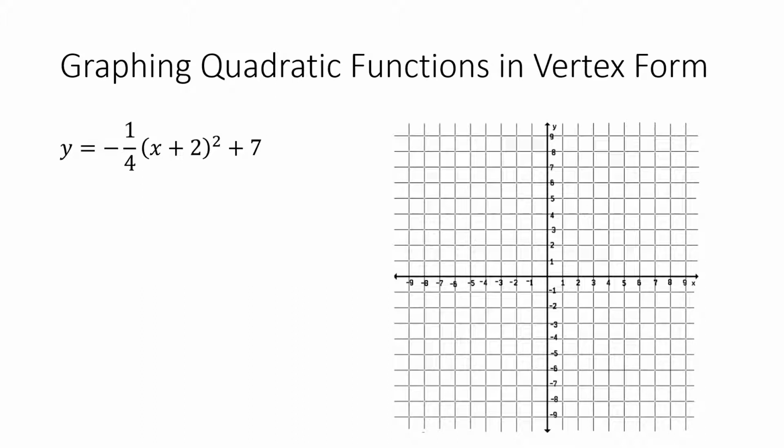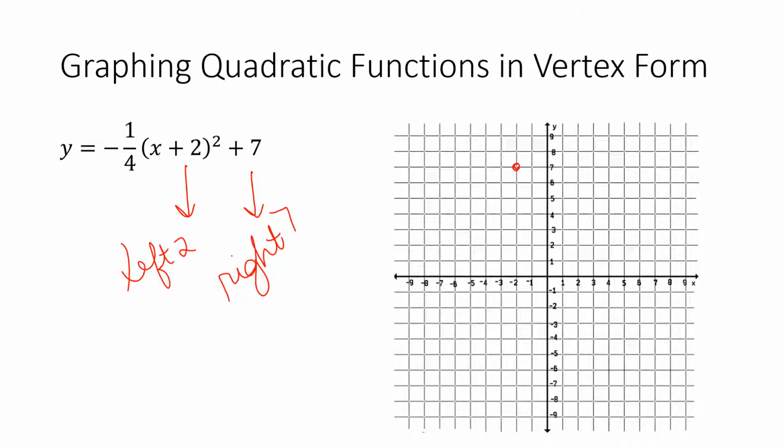Okay, so here we're having to put everything together. X plus 2 is going to shift our graph to the left 2, and the plus 7 is going to shift our graph up 7. So left 2, up 7. That's going to be our vertex.